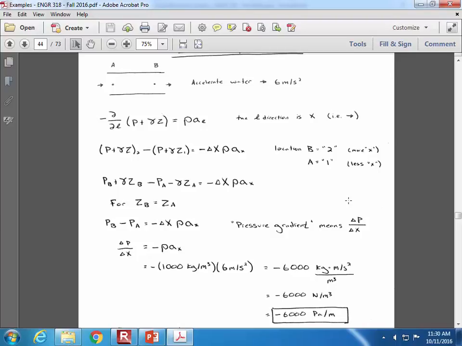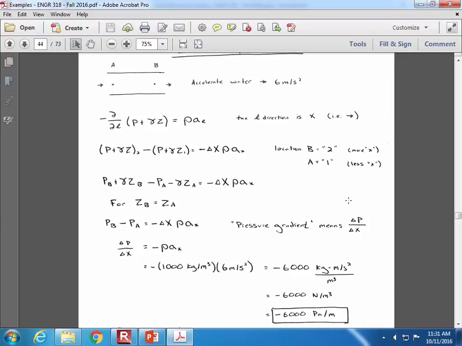Okay, so right now location B is on the right side, so B is what we're going to be calling location 2, and A is location 1, because of the two, B has more x, meaning it's further to the right, and A has less x, meaning it's further to the left.